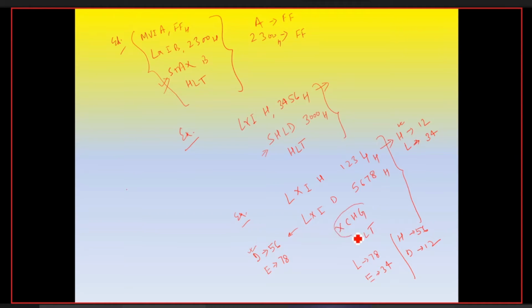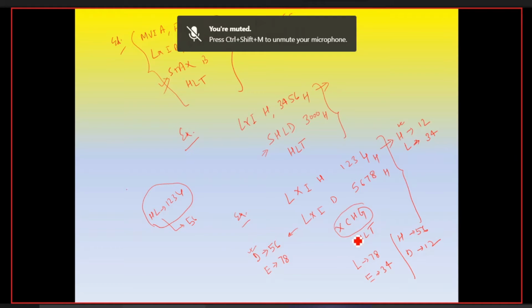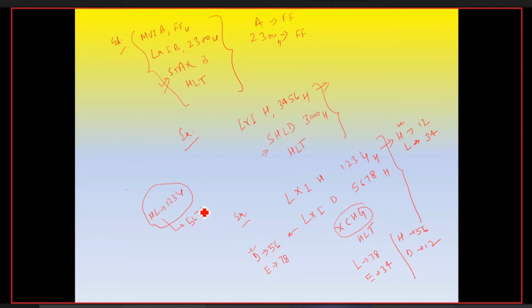After this instruction, in the beginning of this program, the address of HL pair is 1234, but after the execution of this program, this address changed to 5678. नहीं sorry, कितना हो जाएगा? Yes, 5678. So it means the location is changed for HL and DE.